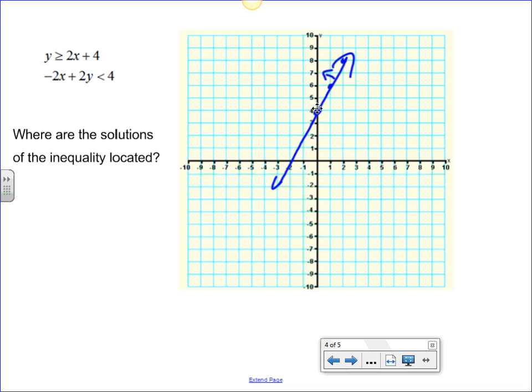And then for my second one, I'm just going to use a little different technique here. Maybe find your x-intercept. So you cover up your y's, and you'd get an x-intercept of negative 2. The y-intercept, cover up the x's, then you'd get a y-intercept of positive 2. So I'd have this and this. It's going to be a dashed line.